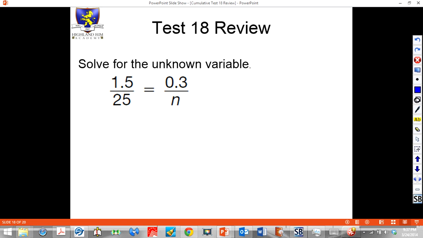Oh no, we got another unknown variable. So, 1.5 over 25 is equal to 0.3 over n. So, let's solve for n.